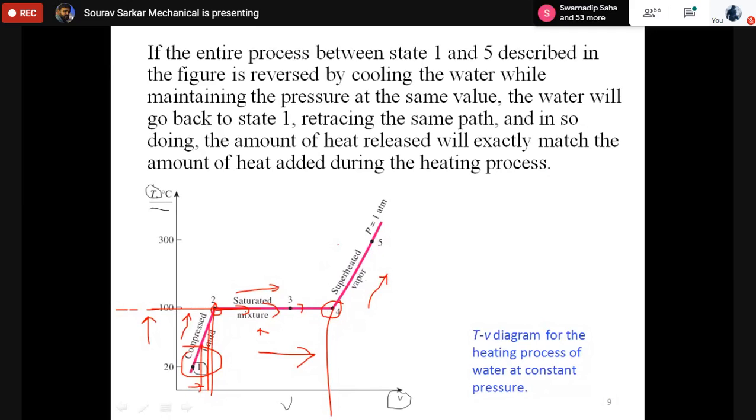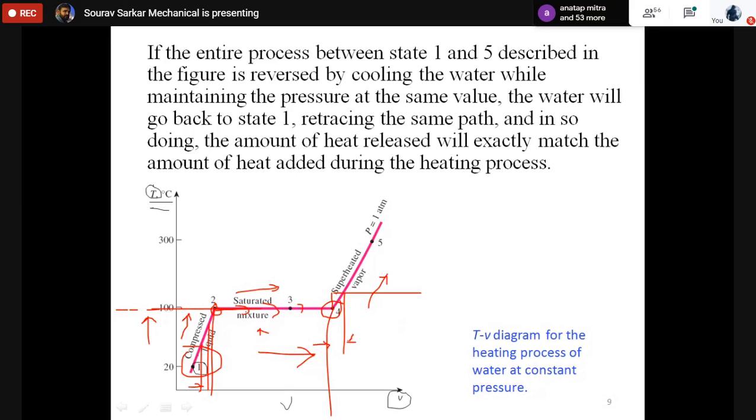Both will increase, but here the slope differs: the temperature increases more and the volume increases less for the compressed liquid, because its expansion coefficient is very low. But as you reach the vapor region, for a unit change of temperature the change of volume is higher, because the expansion coefficient is high.